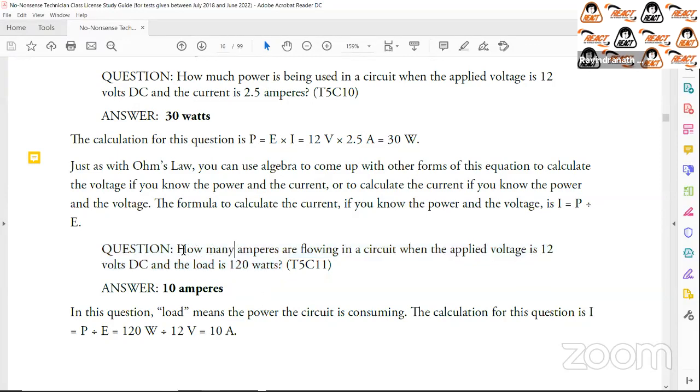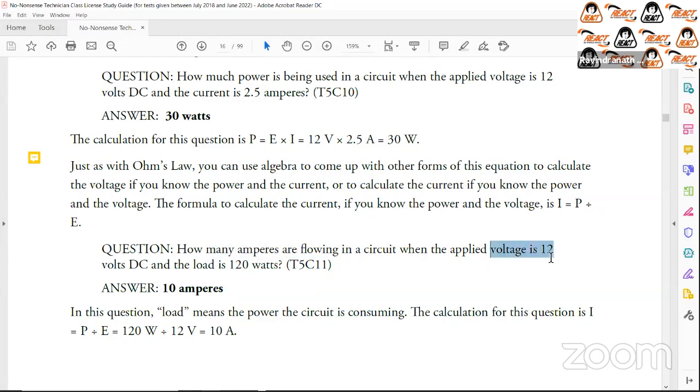They're asking us, how many amperes are flowing? Now, you know that the unit of current is the ampere. So when they ask you how many amperes are flowing, they're really asking you what is the current. So they're asking us to find the current. Therefore, we need a formula that says current is equal to something. So that's what we need to find out. But they have also given us some information.